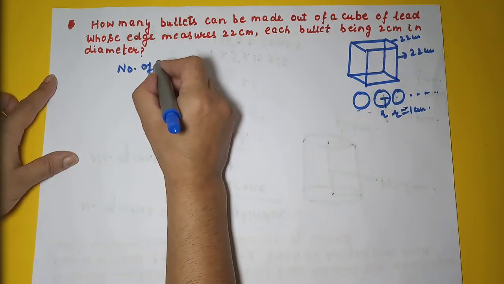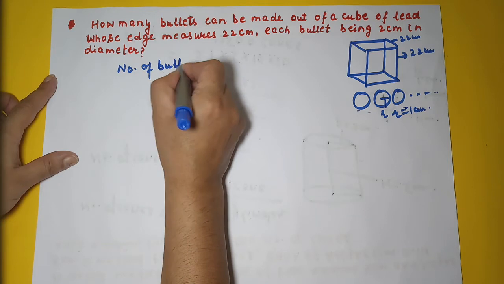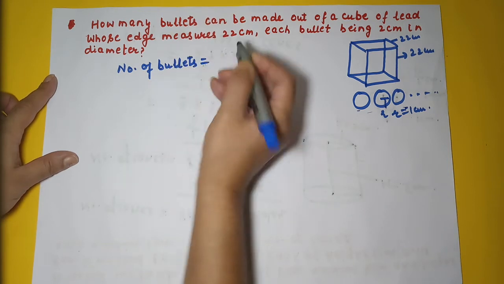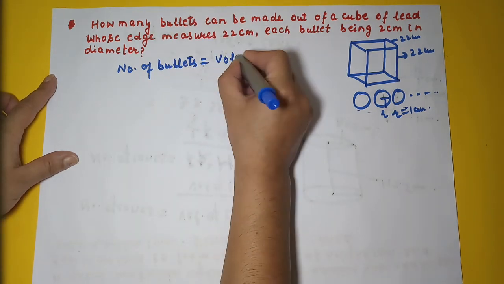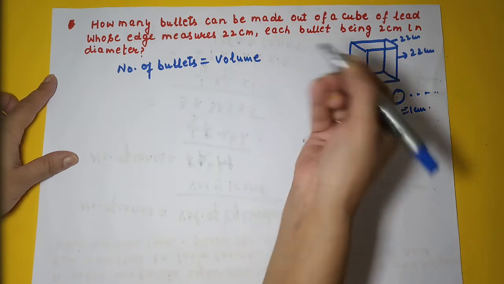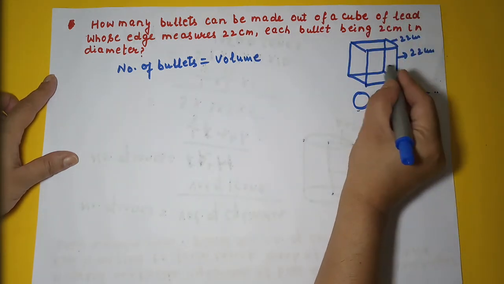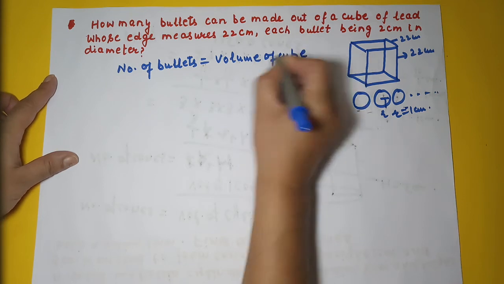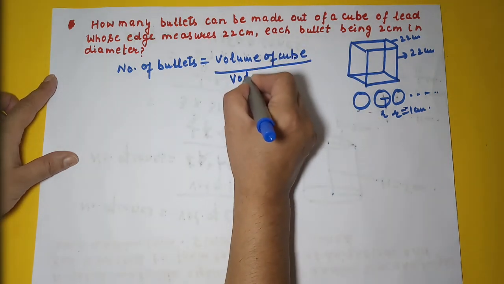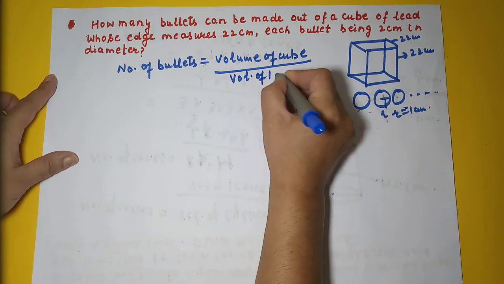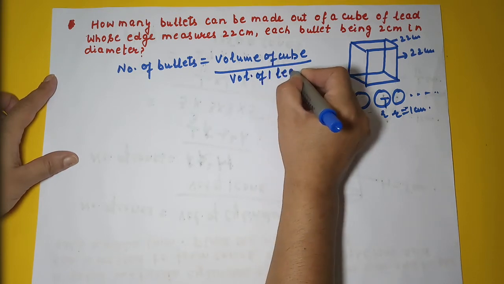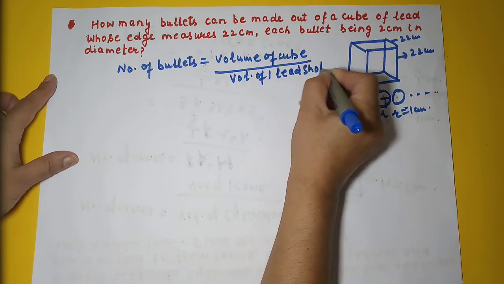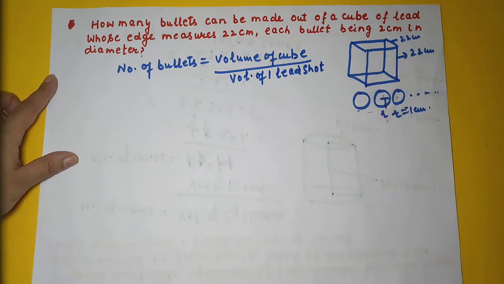So the number of bullets is equal to the volume of the material that you are melting. What is the shape here? It's a cube. Volume of cube divided by volume of one lead shot, right? That will give you the number of lead shots that you will create out of this.